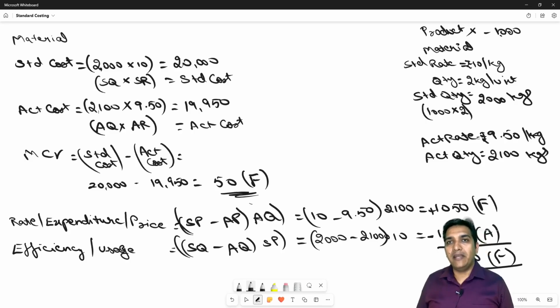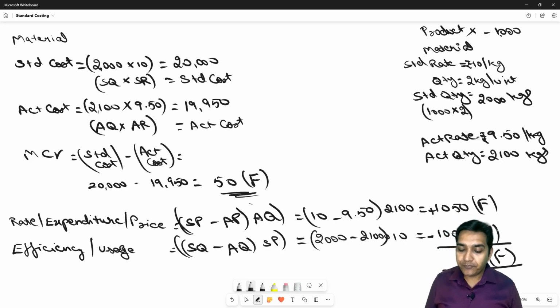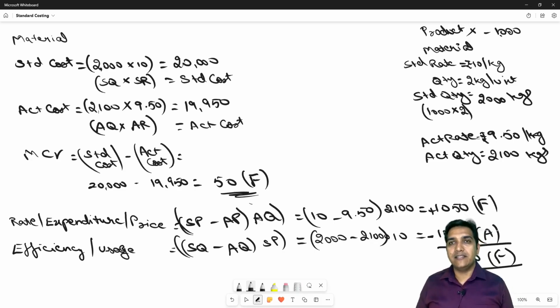When we talk about material cost variances, we talk about price and usage. When we talk about labor variances, we talk about rate and efficiency. When we talk about overheads, we talk about expenditure and efficiency or volume. However, the basic concept behind all these variances remains the same, be it material, labor or overheads, right?